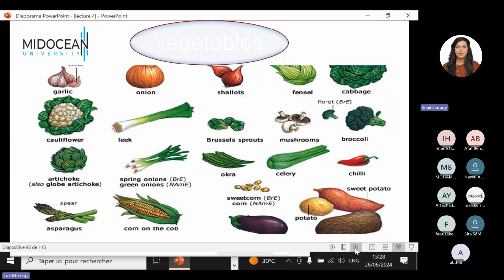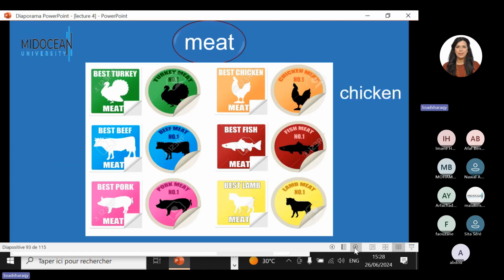Vegetables, for example, garlic, onion, okay. You have okra, celery, corn, okay, potato, chili, broccoli, and so on. Meat examples, chicken, fish, lamb, pork, beef, turkey.